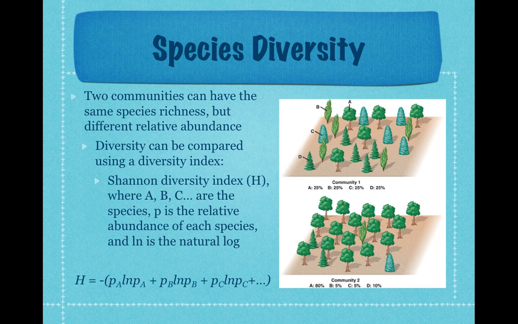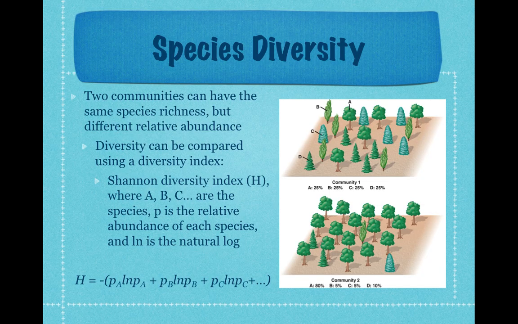And taking a look at the number of different species we see, and multiplying that by their relative abundance of each, as well as what we call the natural log. And depending on where you are in your math studies at this point, you may understand what that means, you may not, which is why we don't really spend a lot of time calculating it.